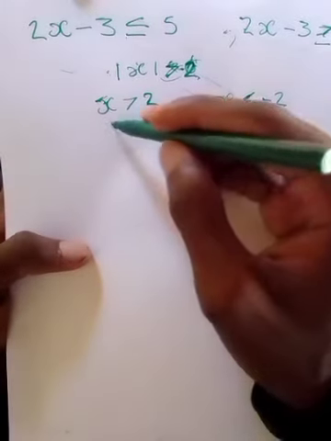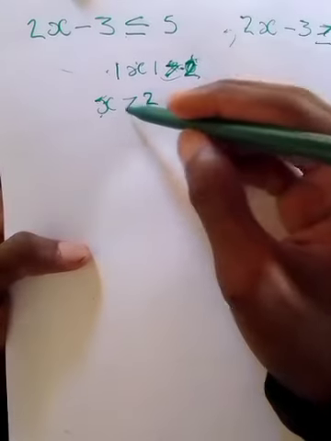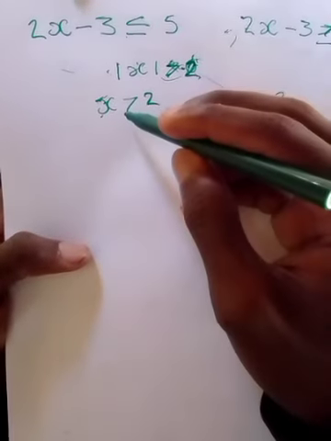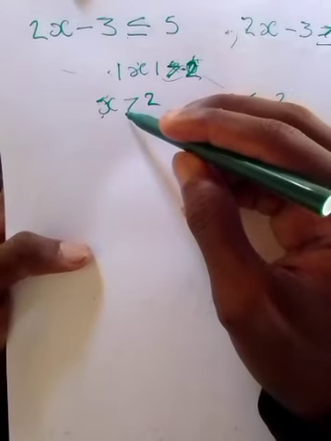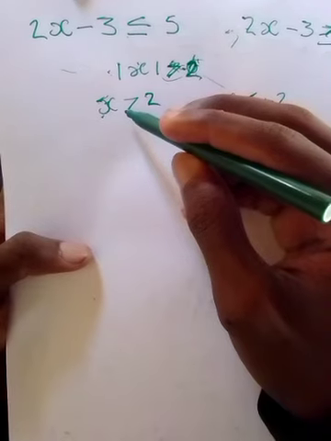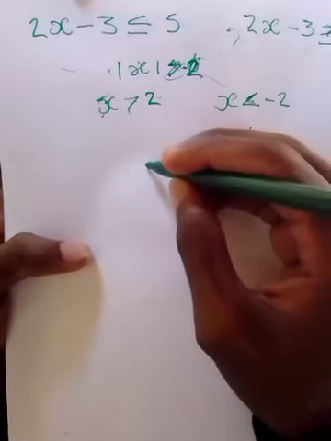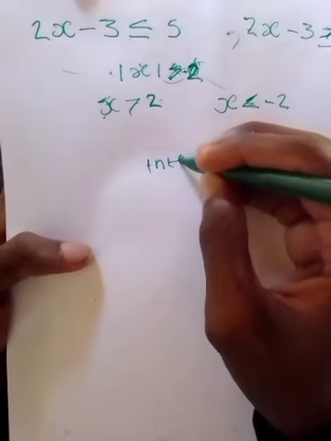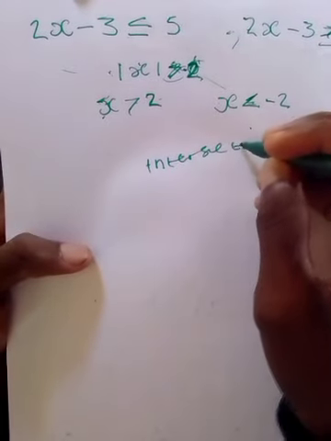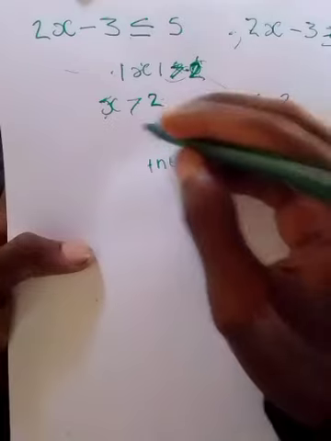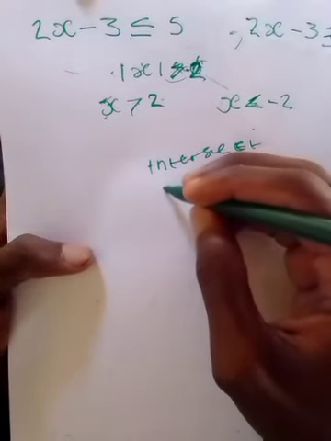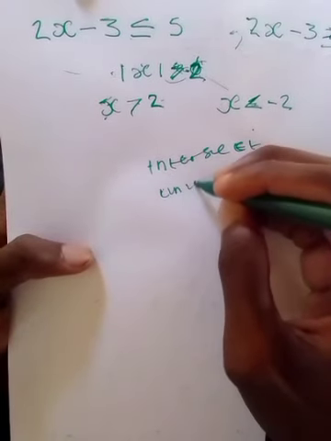Then after you come up with these equations, you're going to find each one individually and leave it in interval notation. Then after you do that, you're going to either intersect the answers, or you unite the answers, where you find the union.